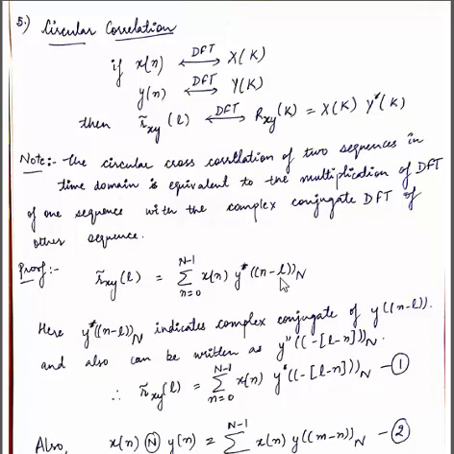Here the term y conjugate of n minus l indicates the complex conjugate of y of n minus l. It can also be written as y conjugate of minus l minus n for N point DFT. Therefore circular correlation is equal to summation n from 0 to N minus 1 of x of n y conjugate, taking the minus sign as common, of minus l minus n for N point DFT. That is equation number 1.